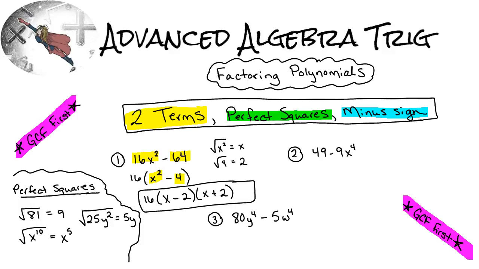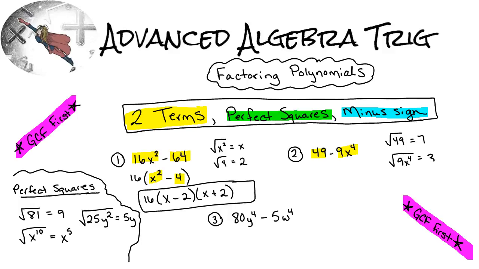All right, let's look at number 2. 49 minus 9x to the 4th does not have a GCF, so we don't have to worry about that. But that problem does have two terms, so we know we're on the right track. If we check that they're perfect squares, let's see, can I do the square root of 49? Yep, it equals 7. Can I do the square root of 9x to the 4th?